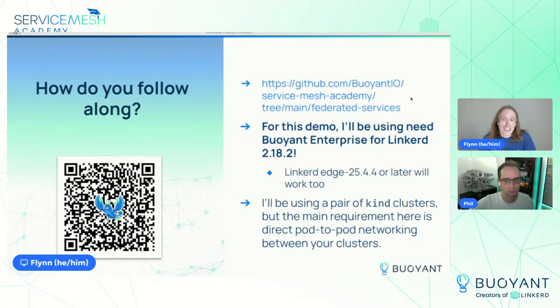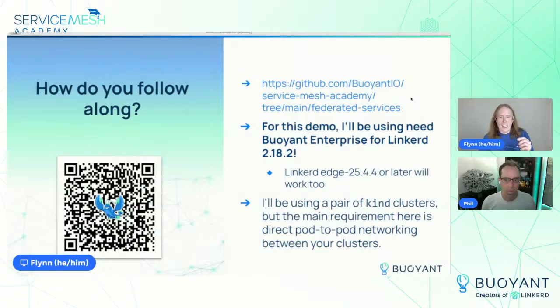I will be using Buoyant Enterprise for Linkerd 2.18.2. You're certainly welcome to try that. We hope you will. It's free to try. If you don't want to, you can use Linkerd Edge 25.4.4 or later, and everything should work fine with that. I'll also be using a pair of kind clusters. The main requirement here, in addition to load balancer services, is that direct pod-to-pod networking between the clusters has to work.